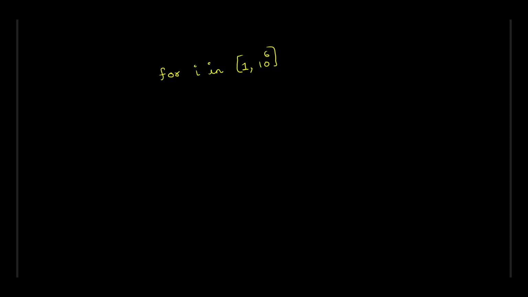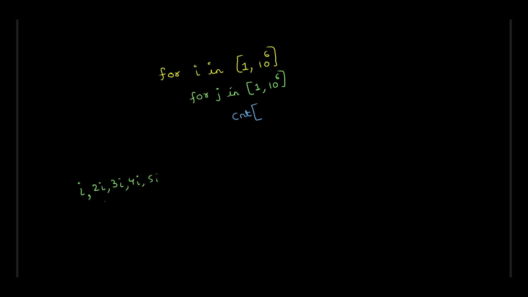And now you want to iterate over all the multiples. But what do multiples look like? The multiples would look something like this: multiples are simply I, 2I, 3I, 4I, 5I, and so on. So you can simply say for j in 1 to 10 to the power 6, and then you increment the count.